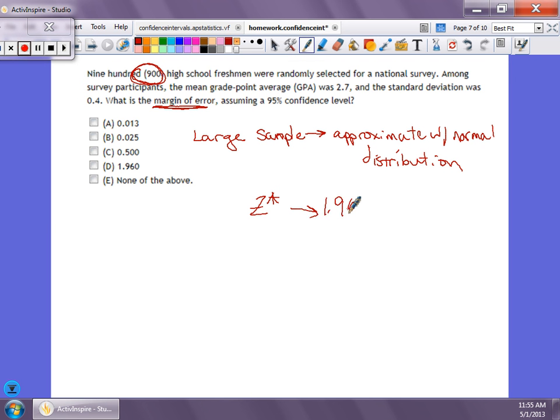So that takes care of the z-star value. The other piece of the margin of error is the standard deviation, and that you would need to calculate the standard error, which is the standard deviation over the square root of n. So that's the standard error times your critical value. That together gives you your margin of error.